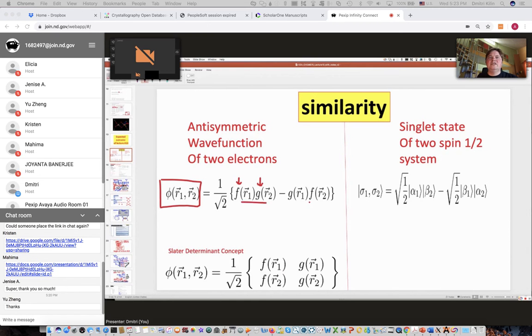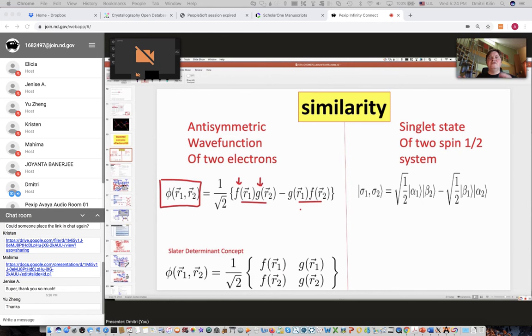Orbitals are the same, there is a minus between them, and the arguments are swapped. For orbital F, the argument was 1, in the second term it is 2. For orbital G, the argument was 2, in the second term it is 1.